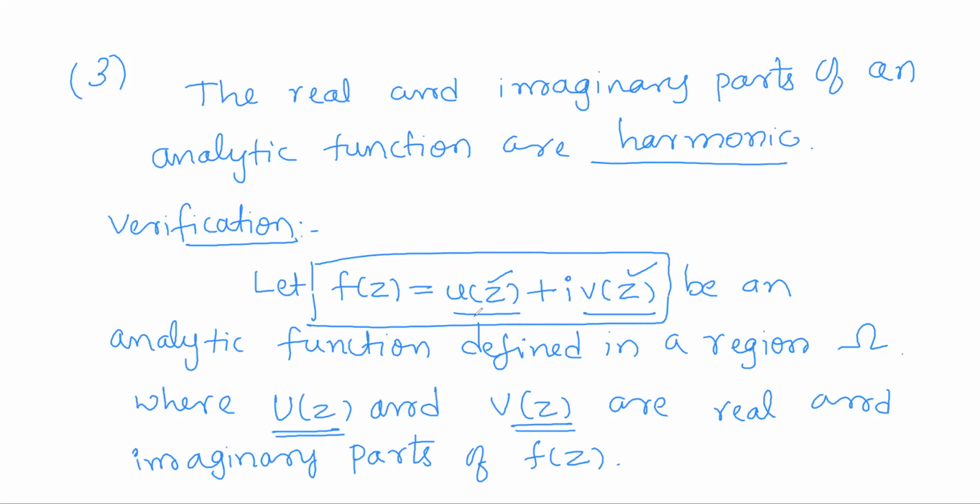And as f of z is a complex number, this has to be the real part, which is a real number, and this has to be the imaginary part, which is also a real number. So both u of z and v of z are real numbers combined to form the complex number f of z. So basically u of z and v of z are real valued functions of a complex variable.